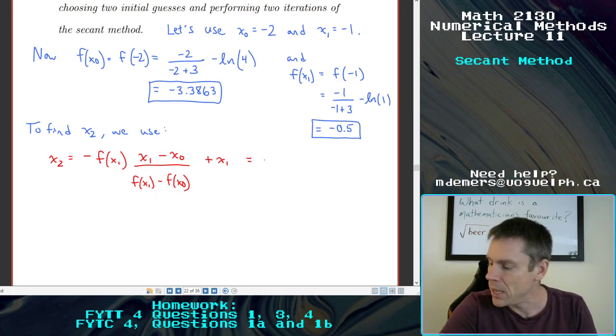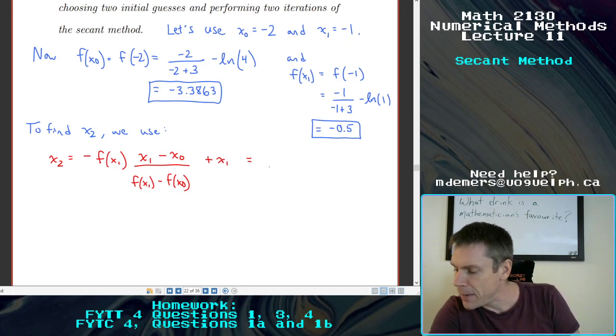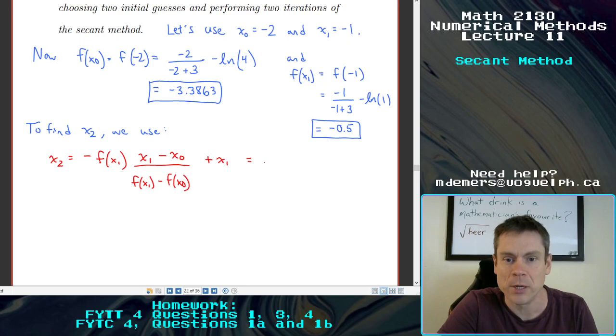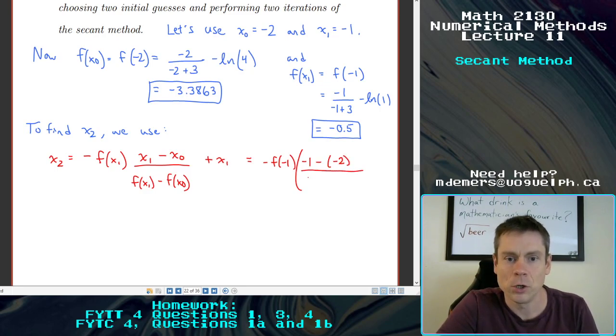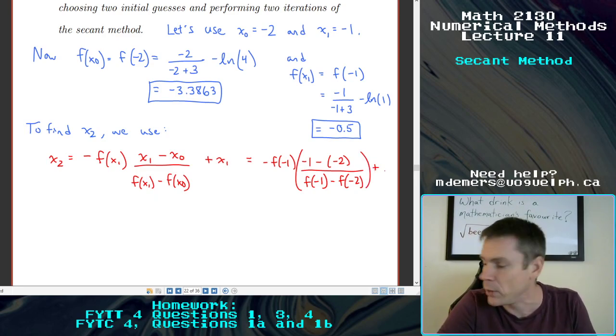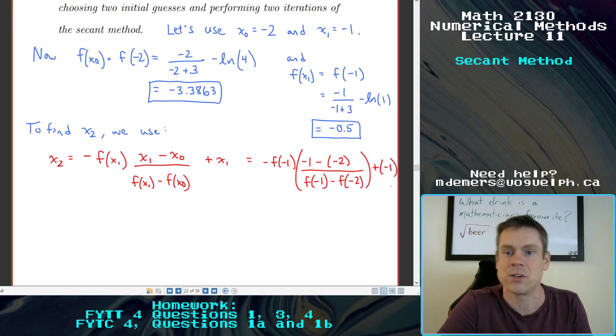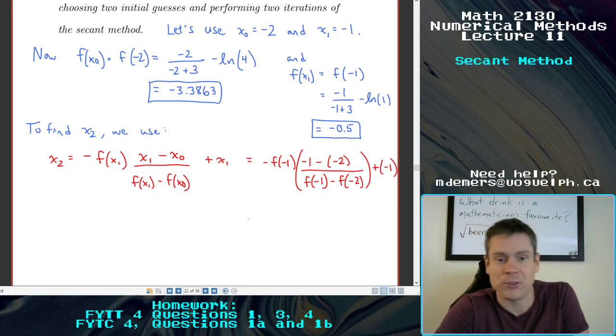We get minus f of minus 1, and then minus 1 minus minus 2 over f of minus 1 minus f of minus 2, and then we're going to add the previous one, and that's going to be plus negative 1, just like this. Okay, great. You put all of those different values in there.